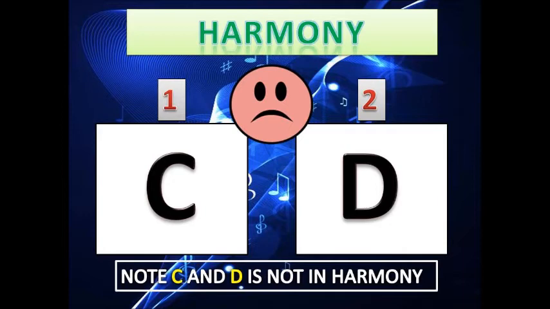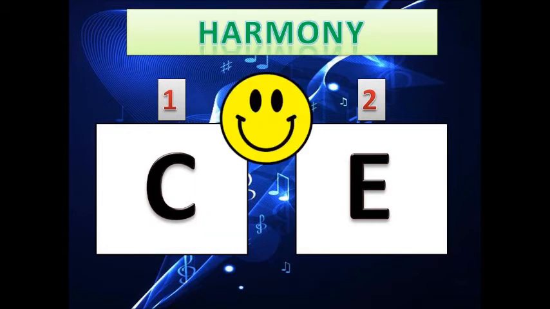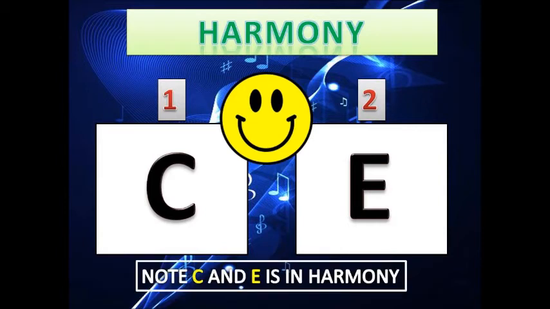Let's try some other notes. Let's change the note in the second box only and keep the C note fixed. After D we have E. Let's hear them. Does it sound pleasing? Yes, they are in harmony.